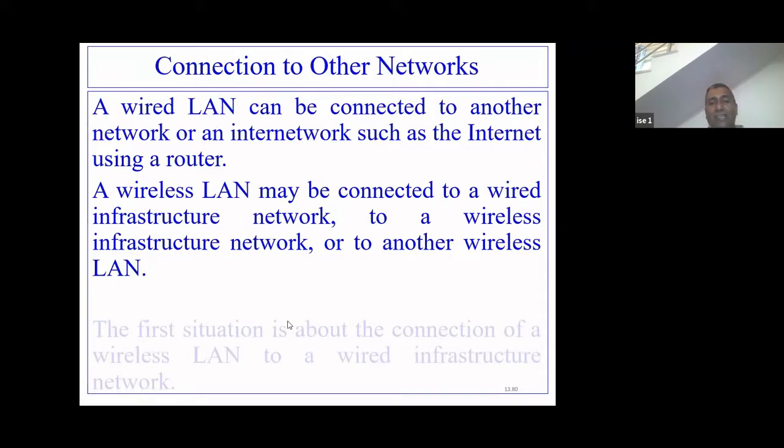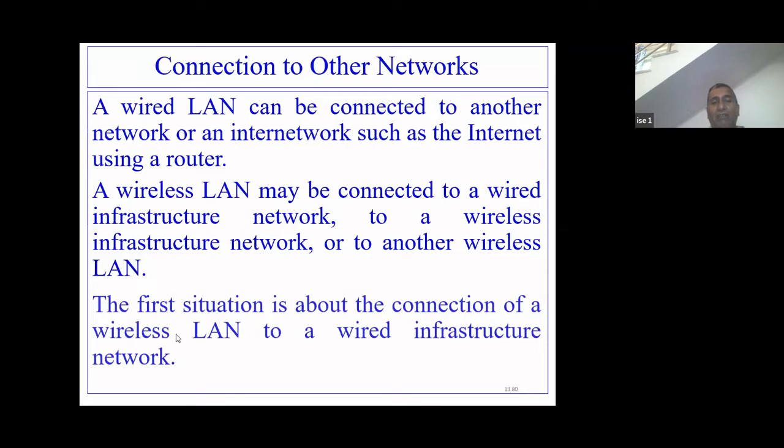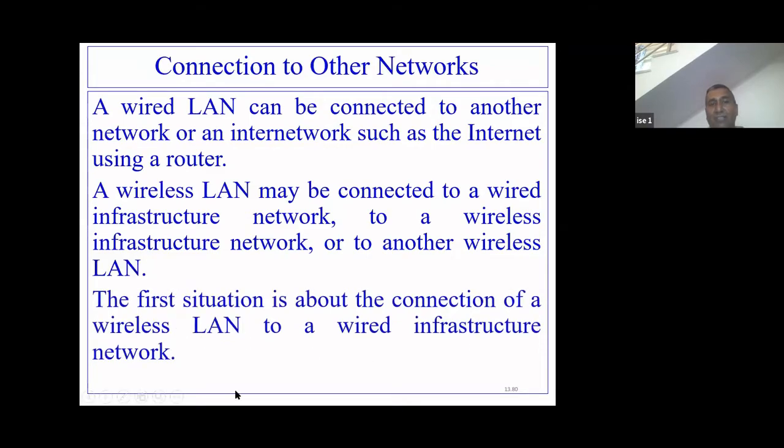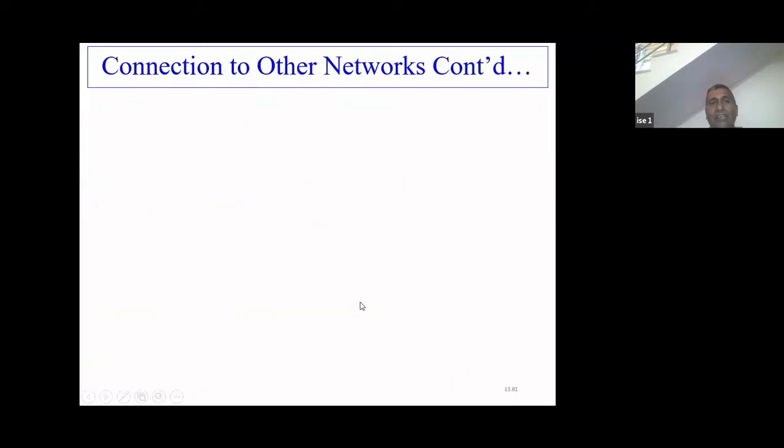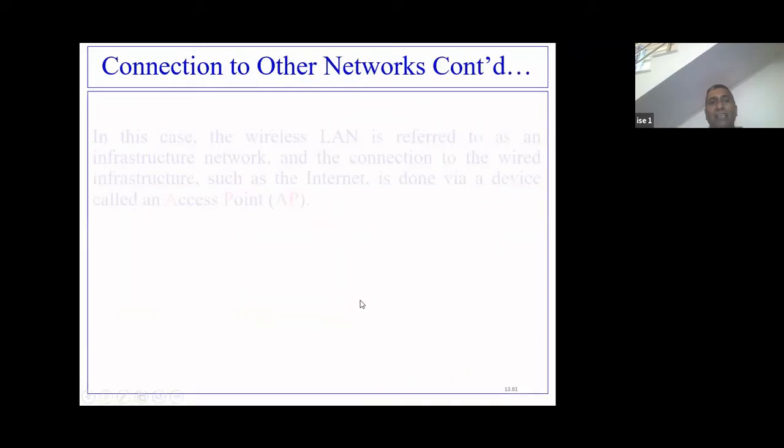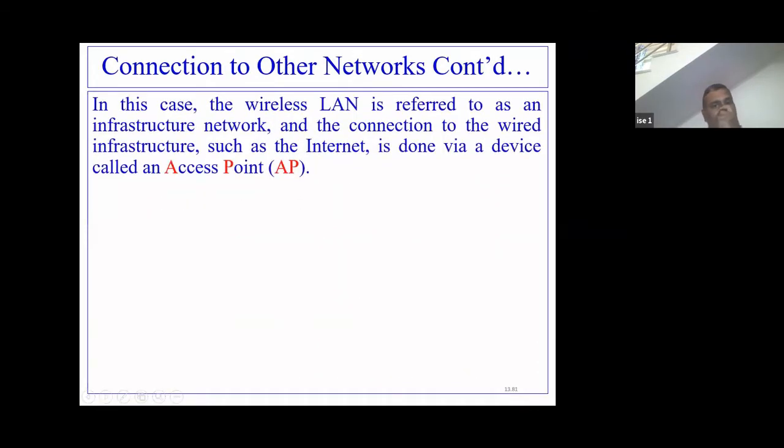So in the first scenario, it is about the connection of a wireless LAN to a wired infrastructure network, and this scenario will be shown in the next slide. The second scenario was a wireless LAN getting connected to a wired LAN or another type of network.